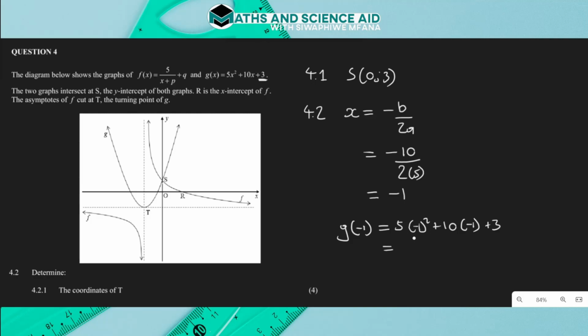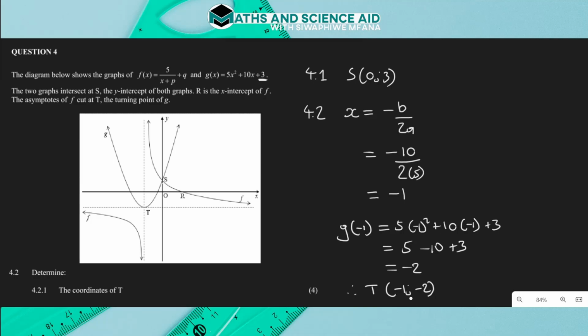This gives us 5, then negative 10, and then plus 3. 5 minus 10 is negative 5, plus 3 is negative 2. Therefore, we can conclude that the coordinates of T are (-1; -2).